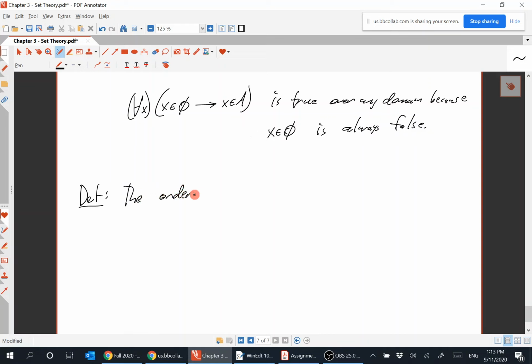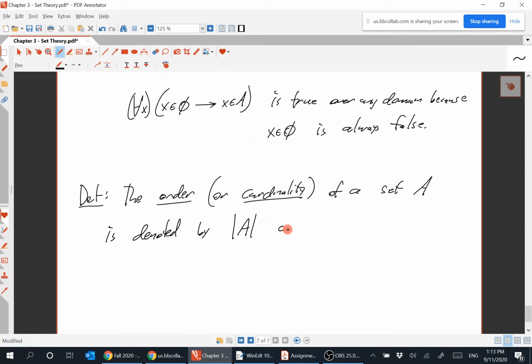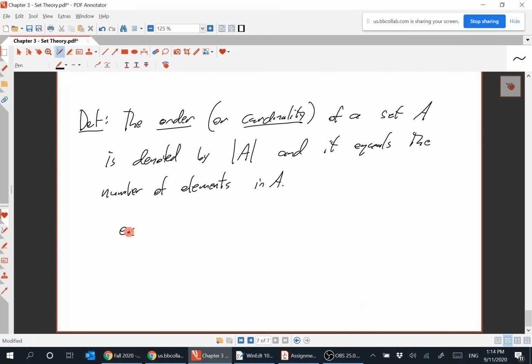There's a nice concept to get into next, but before we do that, we need the following. The order or cardinality of a set A is denoted by this, and it equals the number of elements in A. So, for example, what's the cardinality of this set?